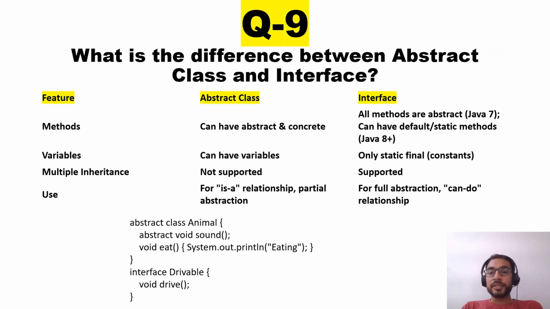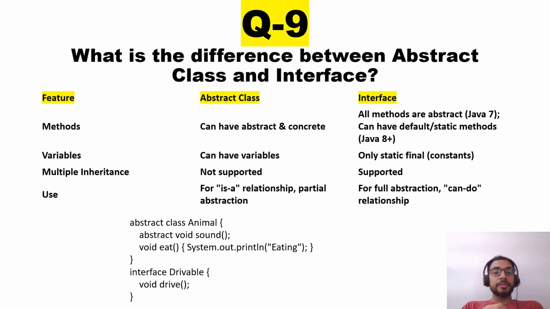What is the difference between abstract class and interface? An abstract class can have abstract and concrete methods, but in an interface all methods are abstract till Java 7. After Java 8, an interface can have default and static methods.